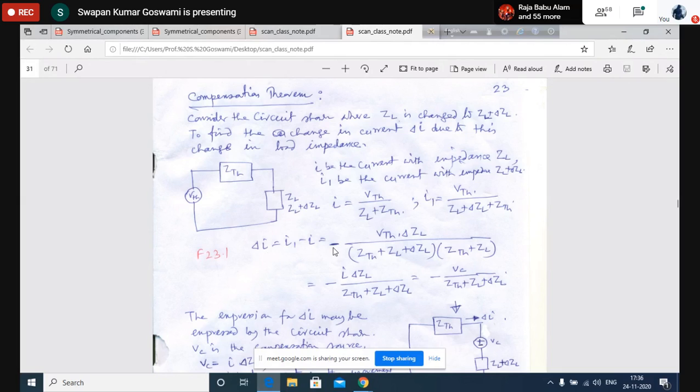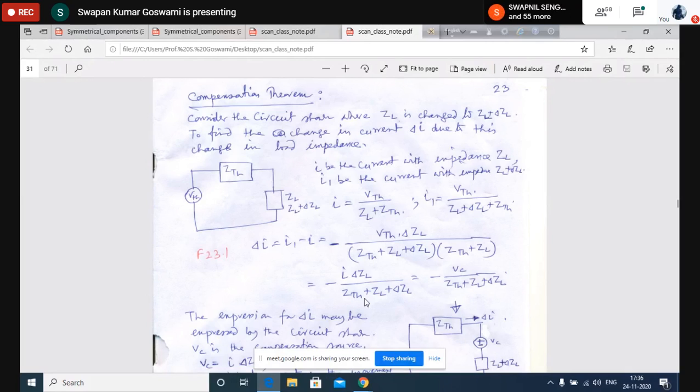So the change in current is minus I into delta ZL by the total impedance of the circuit after the change. What is this I? It is the current that was flowing through this branch before the impedance was changed, multiplied by delta ZL, divided by the total impedance after the change, that means Z Thevenin plus ZL plus delta ZL.